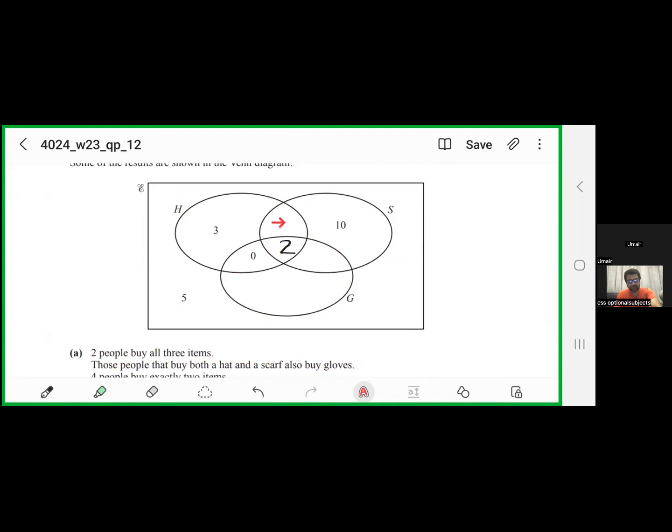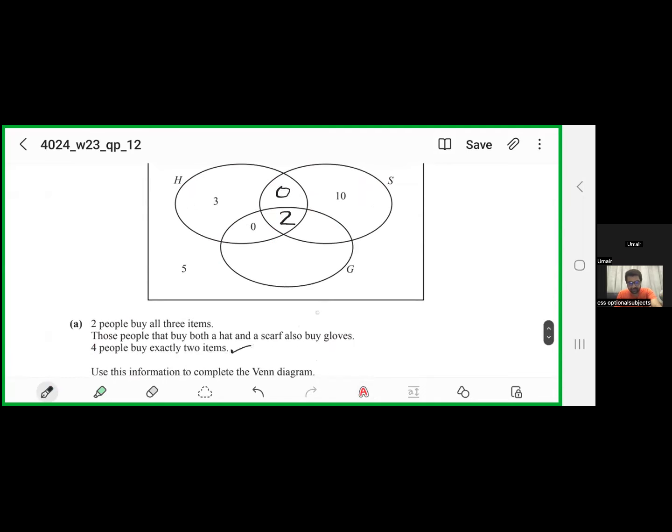So this will remain empty. No information is given on how many people buy only hat and scarf, because those who buy hat and scarf also bought gloves. So we can't say anything about this, and there is no person in this region as per the given data.